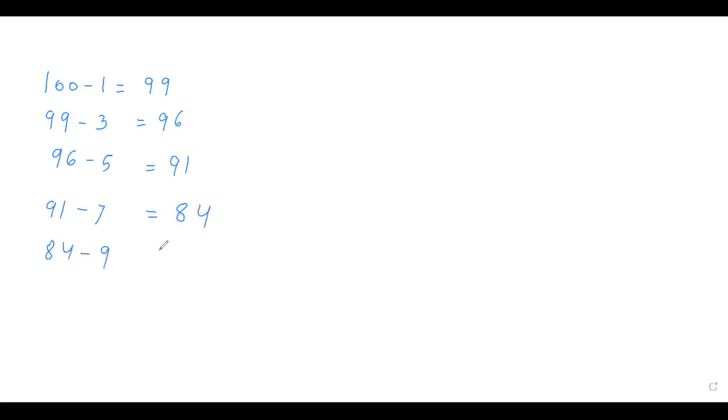Square root of 100 by repeated subtraction: I keep on subtracting odd numbers. 99, then I subtract 3, 96, then I subtract 5, then 7, then 9, then 11. I keep on subtracting till I get 0.